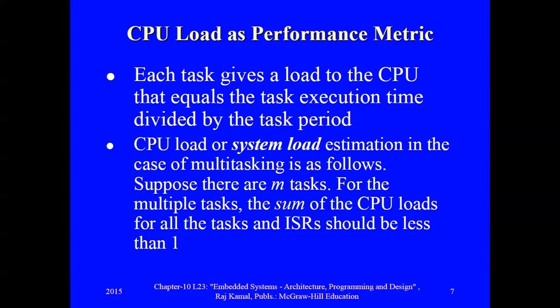The CPU load or system load estimation in the case of multitasking is as follows: suppose there are m tasks. For multiple tasks, the sum of the CPU loads for all the tasks and ISRs should be less than 1.